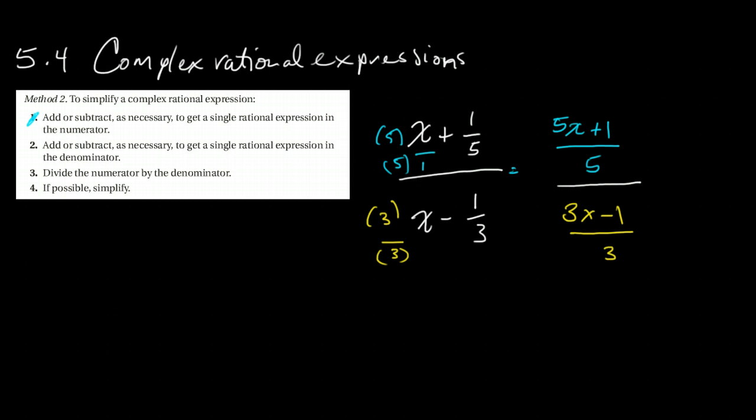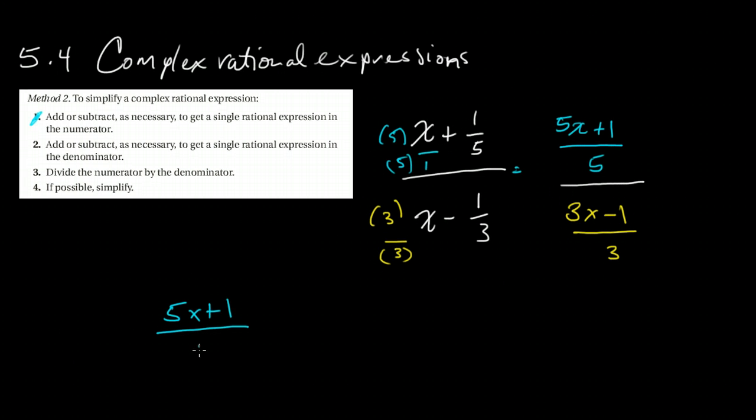So essentially what we now have is 5x plus 1 over 5 divided by the quantity 3x minus 1 over 3.